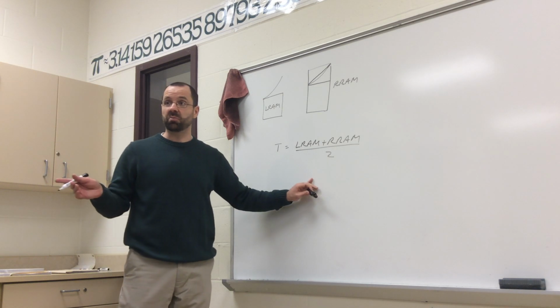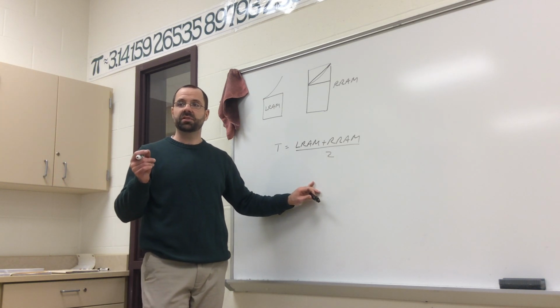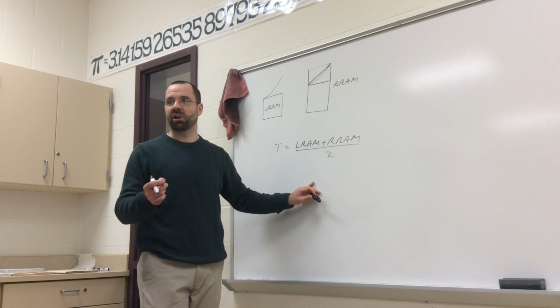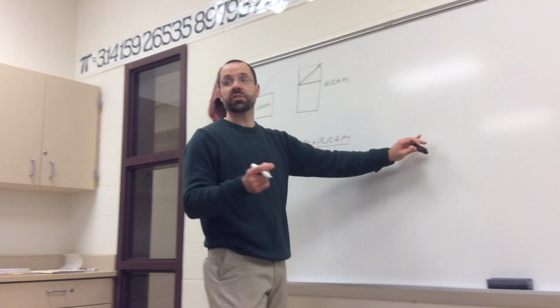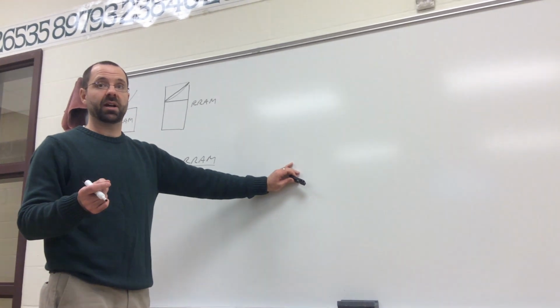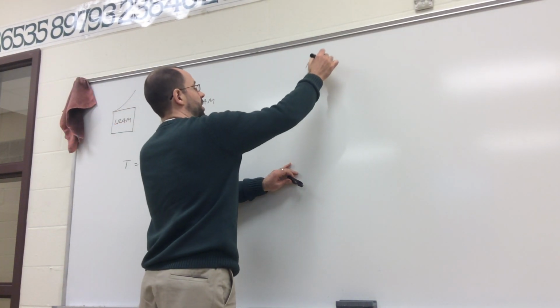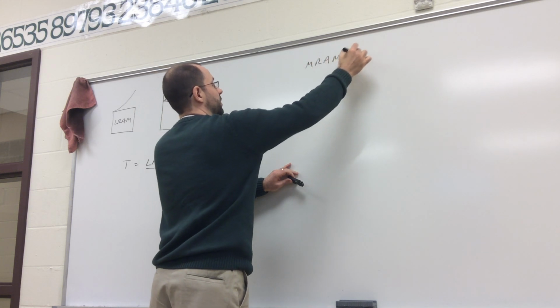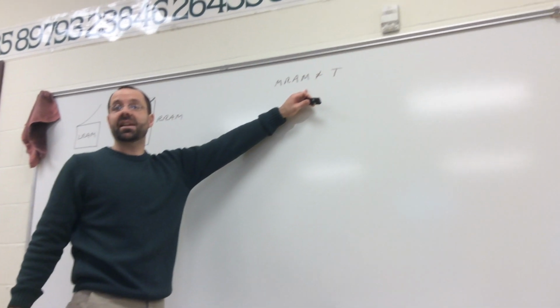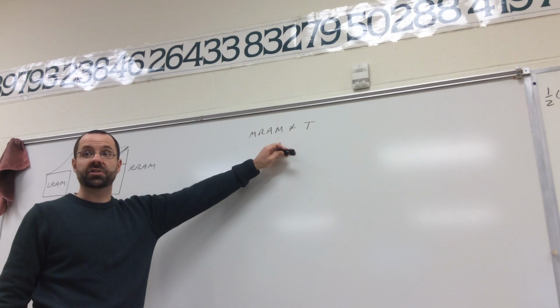Now Dan brings up a good point, because sometimes it's easy to confuse the trapezoidal approximation with MRAM. So I'm going to try to draw you a picture that convinces you that MRAM doesn't equal the trapezoidal approximation. Dan said this, now I'm going to try to convince you that it's true.